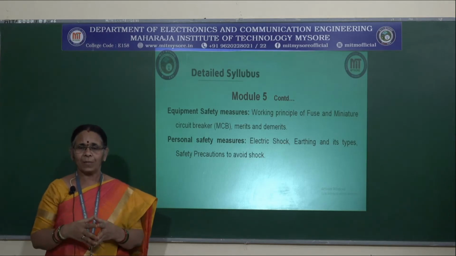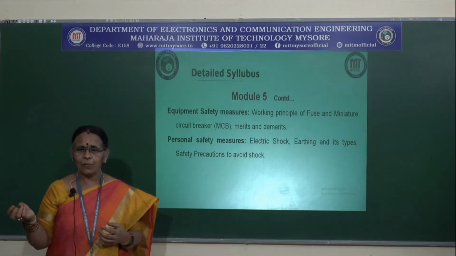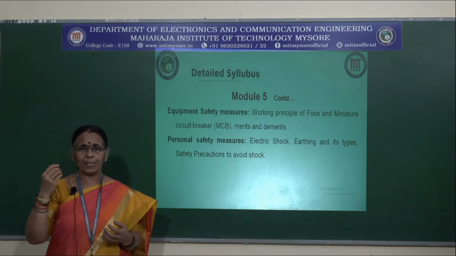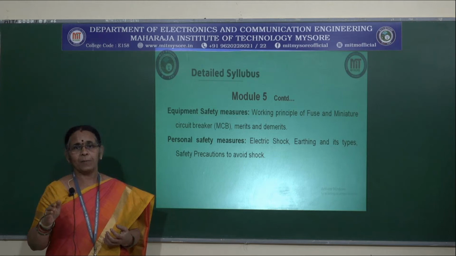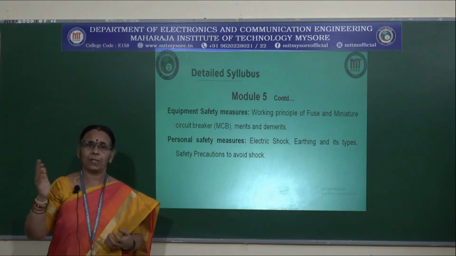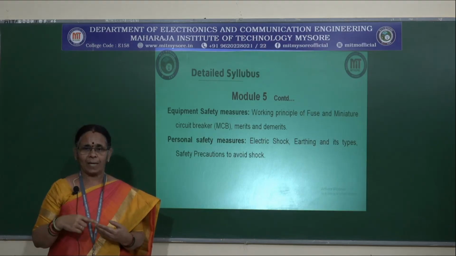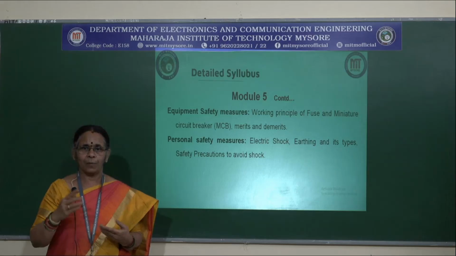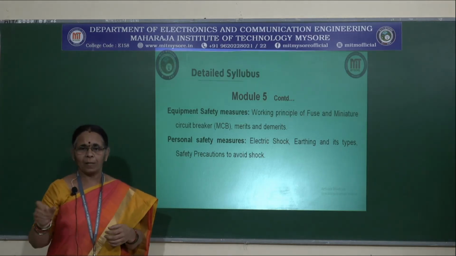For equipment safety measures, you need to know the working principle of the fuse, one of the best protective devices we have at home, and also MCBs, which trip if the load exceeds or if a short circuit happens. You also study the merits and demerits of the fuse as well as the miniature circuit breaker or MCB.